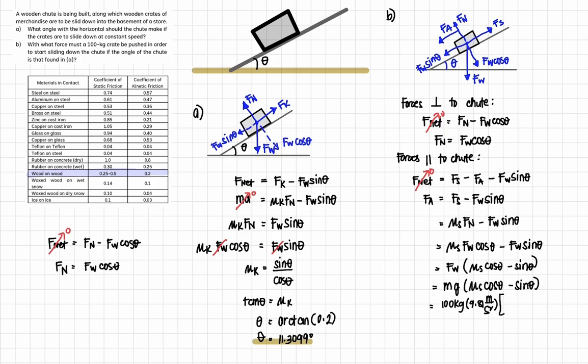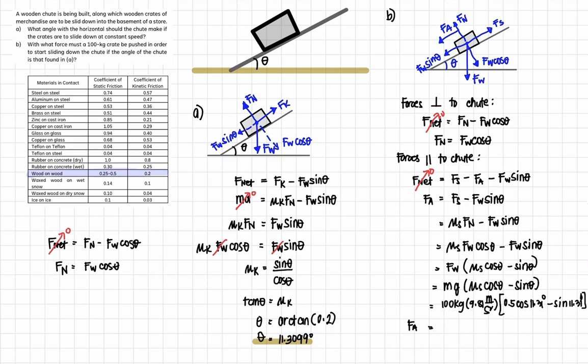Mu s, what is the coefficient of static friction? It's a range, so let's try the biggest value, 0.5. Cosine of the angle theta earlier, 11.31 degrees, minus sine of 11.31 degrees. Even if we wrote 11.31 here, you have to make sure that the angle you use is the exact value, not the rounded off value.